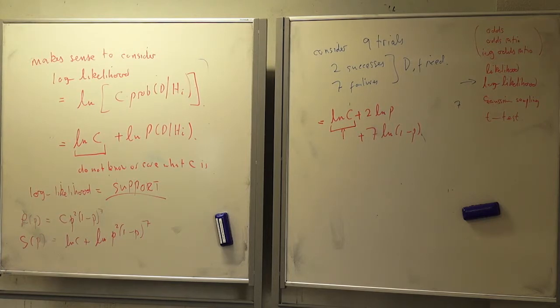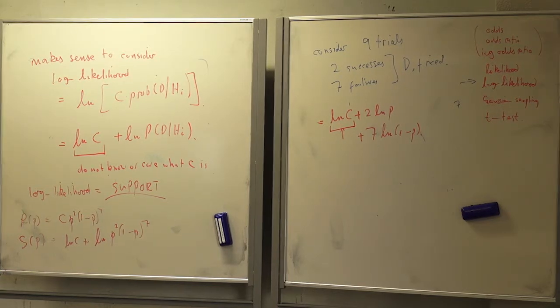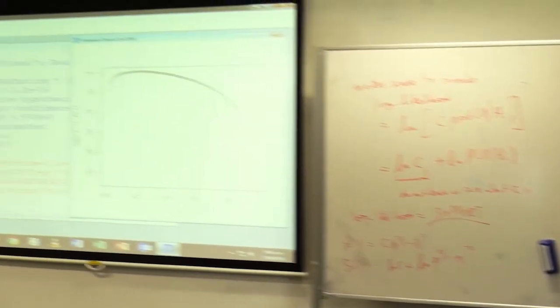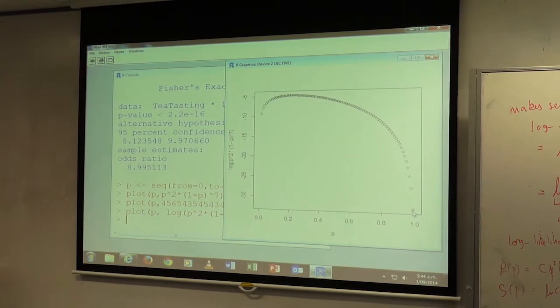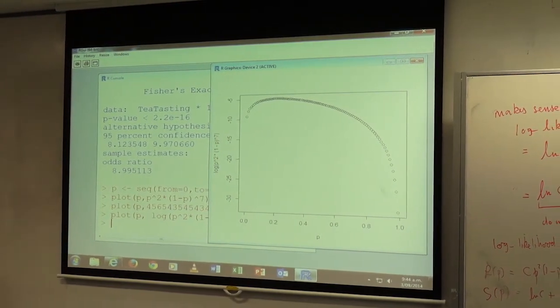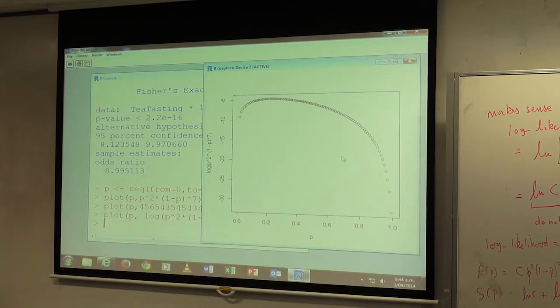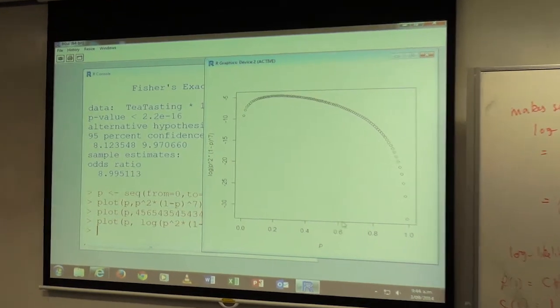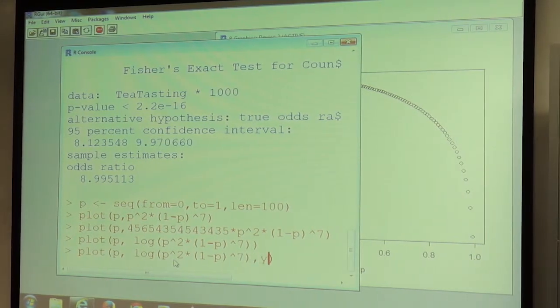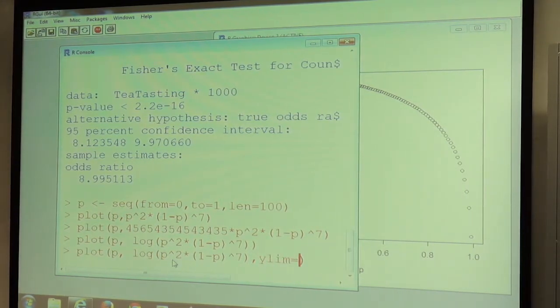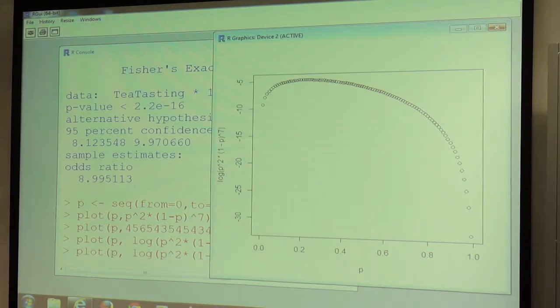Get rid of this. And there's my log likelihood. You see, it falls down to very, very small levels of minus 30, so that's 0.000001. Let's just, instead of going down to that, let's just go down to minus 10.